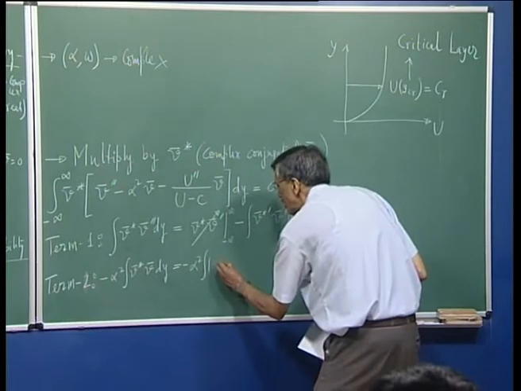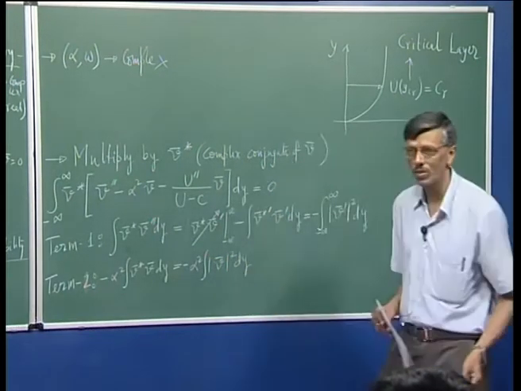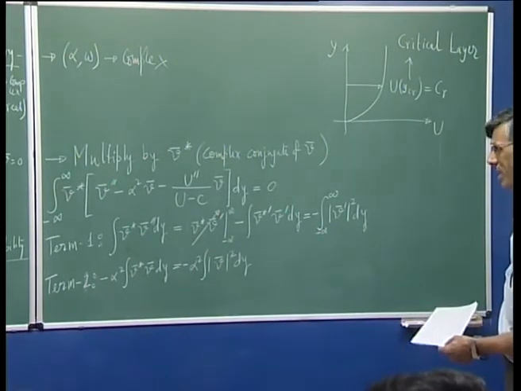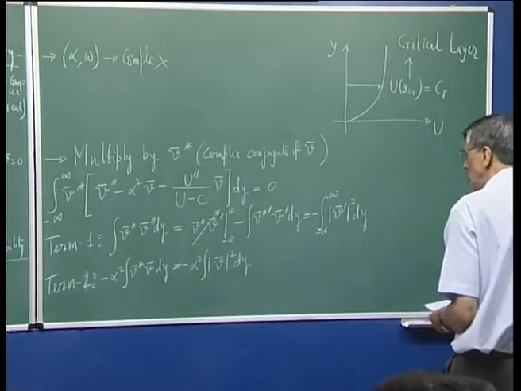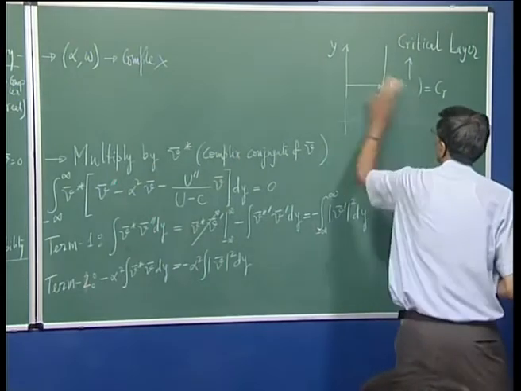So, this will give me the integral of mod v bar squared dy. That is also a negative sign. So, what is it that we are left with now? We need to really worry about the third term.